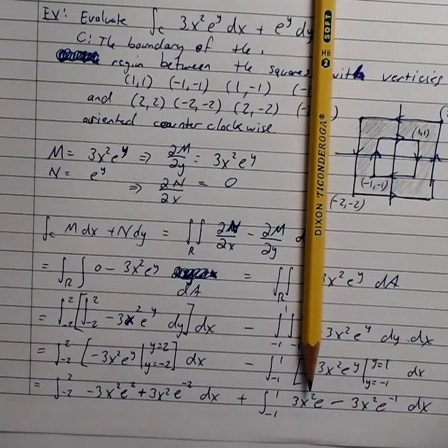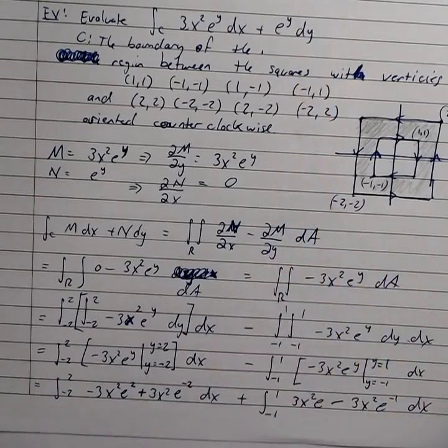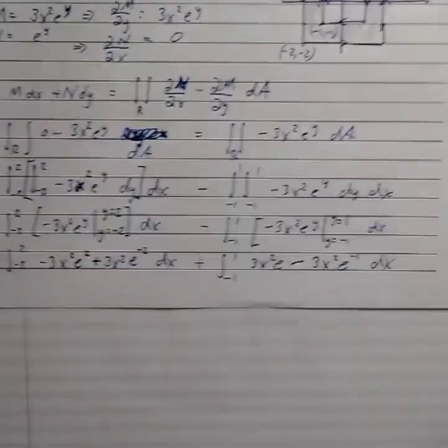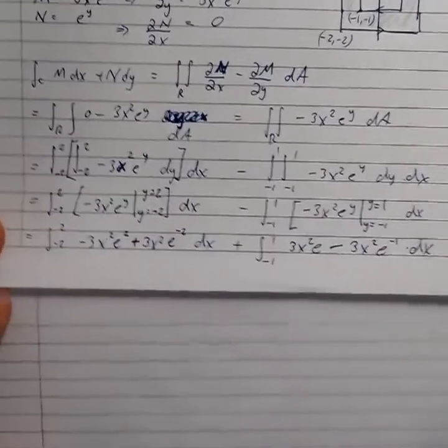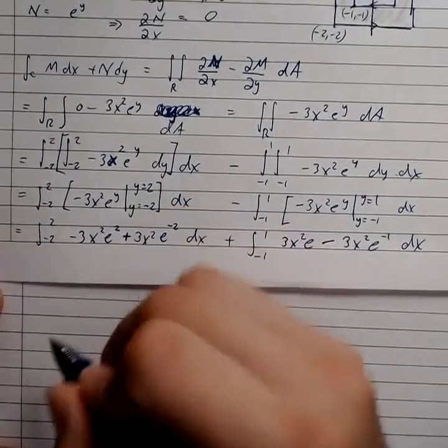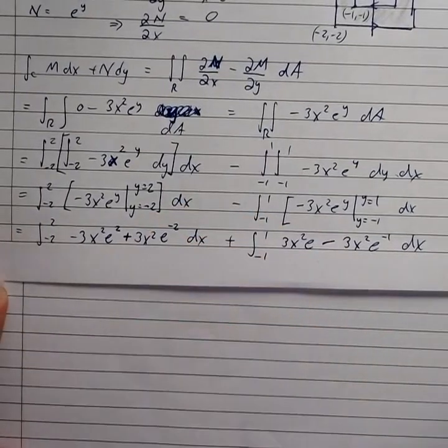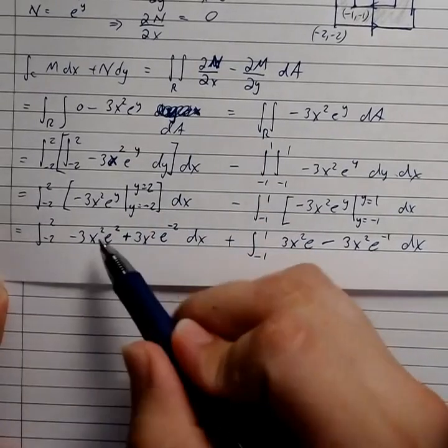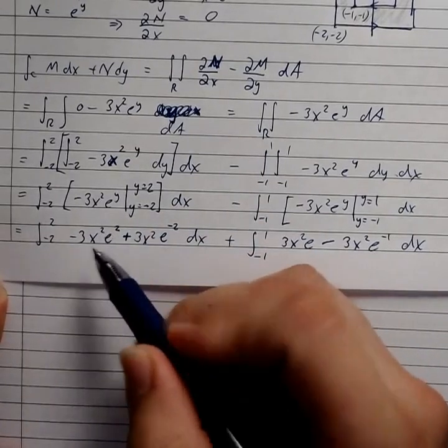We need to take one more integral, this time with respect to x. So that's going to give us, we're going to integrate with respect to x. Here that's going to raise that to the third power and then divide by 3.